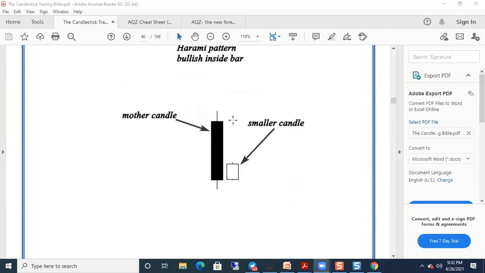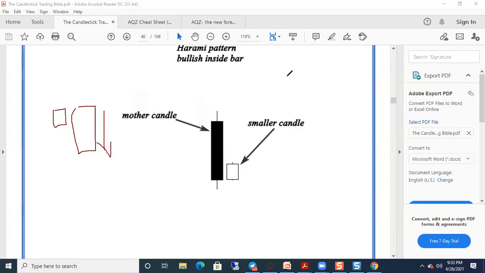So for an inside bar, it's like the flip side of an engulfing. For an engulfing, you have the larger candle to the right. But for an inside bar, you have the smaller candle to the right. Right? So this will be a bearish engulfing.